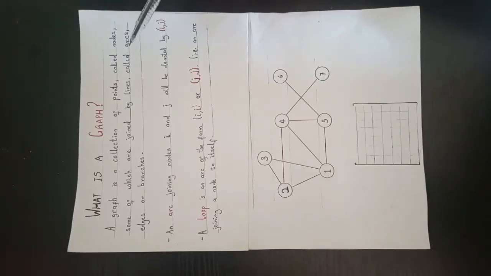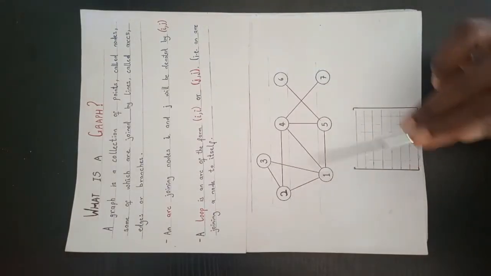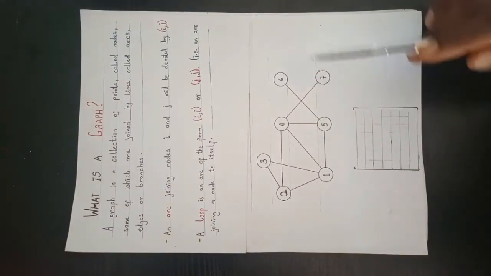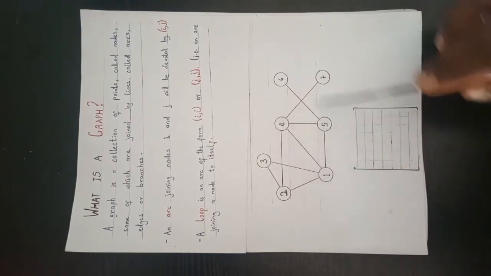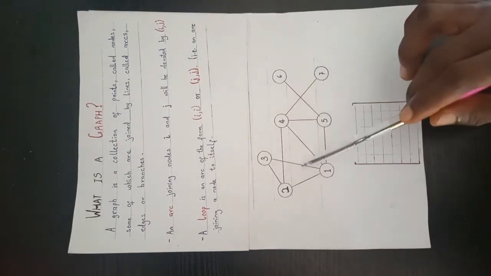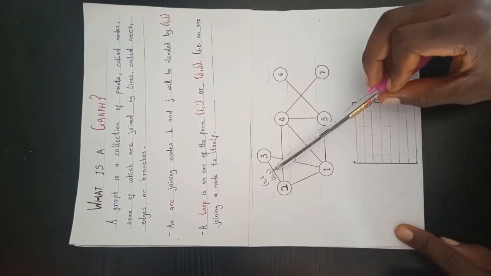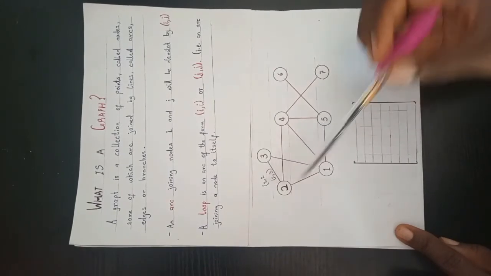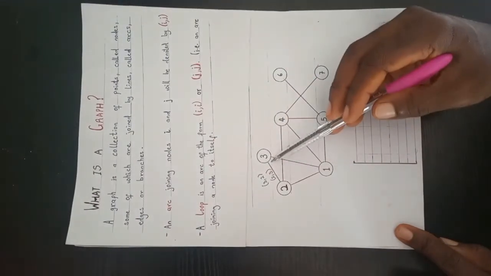From this definition, we have a graph here, and this graph has 7 points, which are 7 nodes, and it has lines joining each of these nodes to other nodes. These lines are called arcs, edges, or branches. This arc can be denoted by (2, 3) or (3, 2) because there is no sense of direction in the arc.